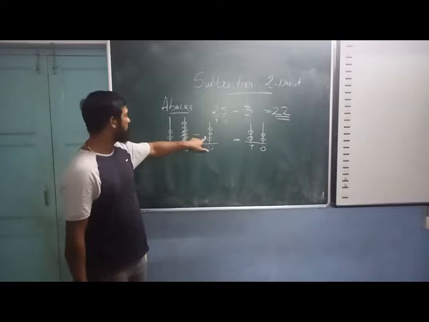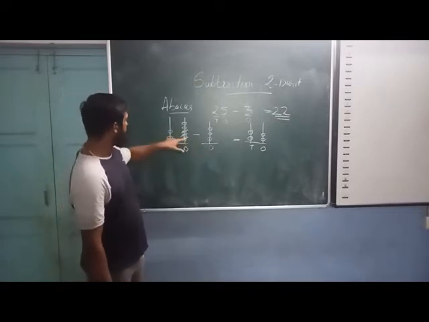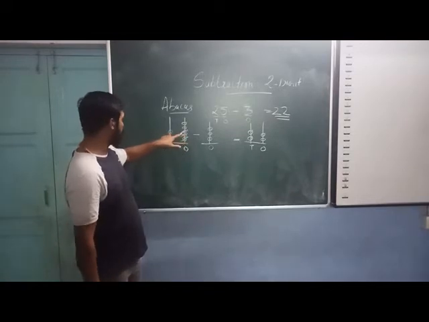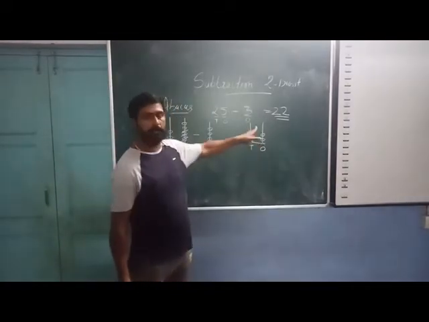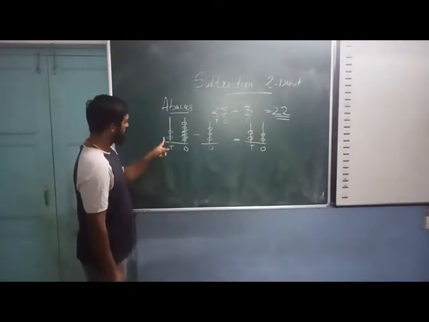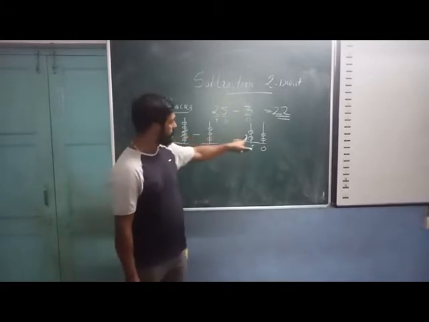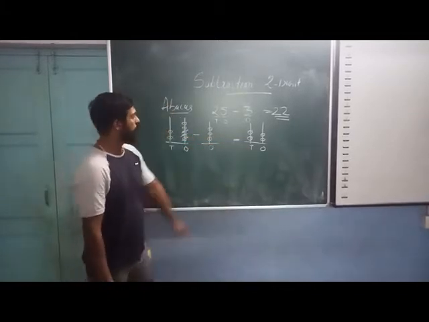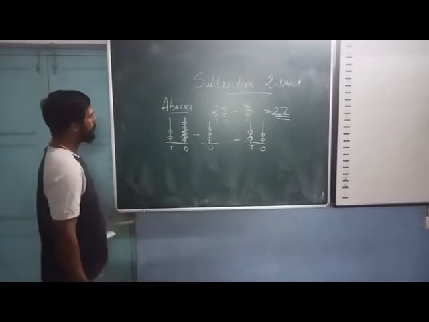So we have to reduce 3 from this table. Cut the ones 1, 2, 3. So how many are left? 2. We put the 2 beads left here. There is no tens table, so we bring the numbers down here. So we have the answer as 22. Is that clear for you?